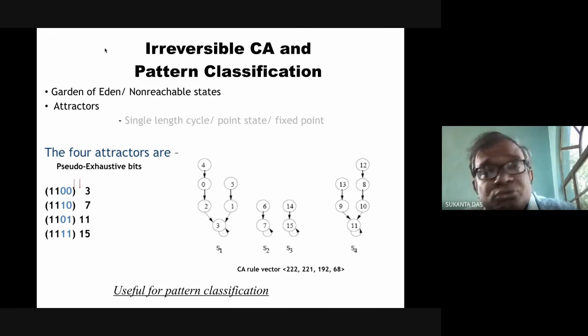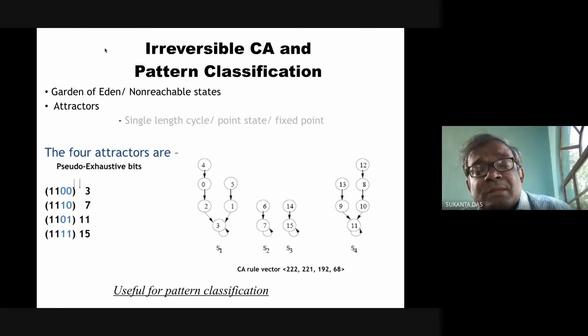Here I am showing you that cellular automata can also be used to classify patterns and then recognize them. For pattern classification and recognition, cellular automata are also used successfully.